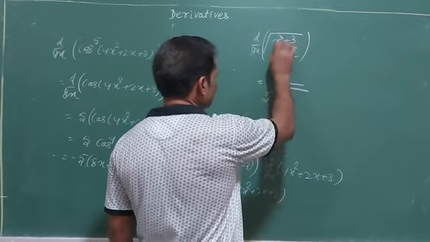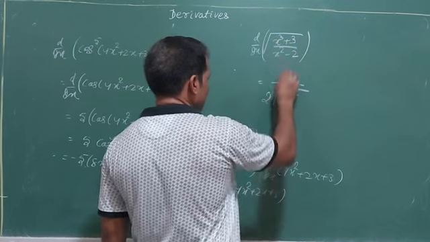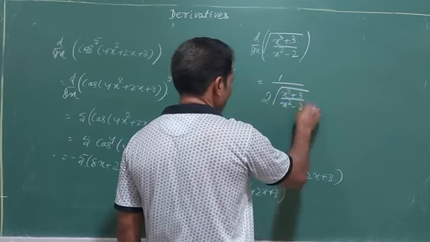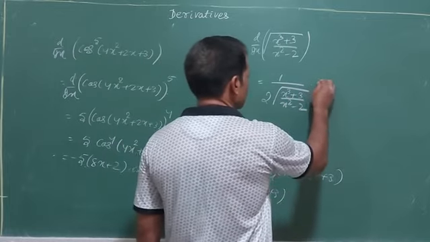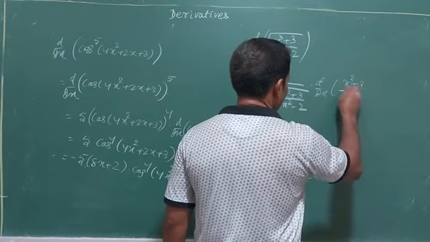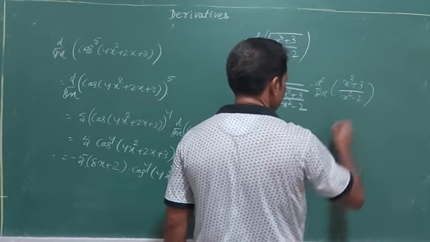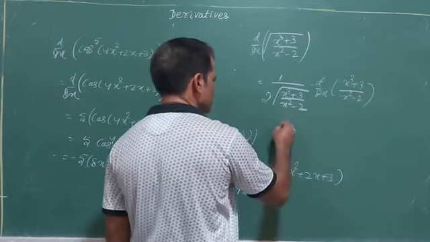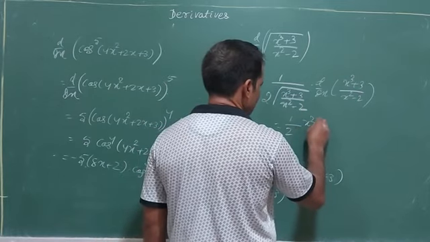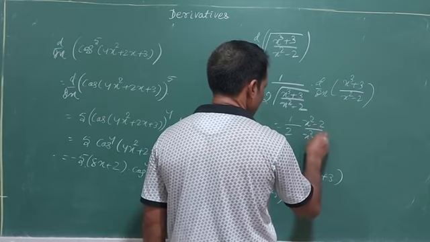Because this is a variable term, x terms are available, so I treat this one as x, into dy dx of x cube plus 3 by x square minus 2. Reverse it, reciprocate. 1 by 2, x square minus 2 by x cube plus 3.